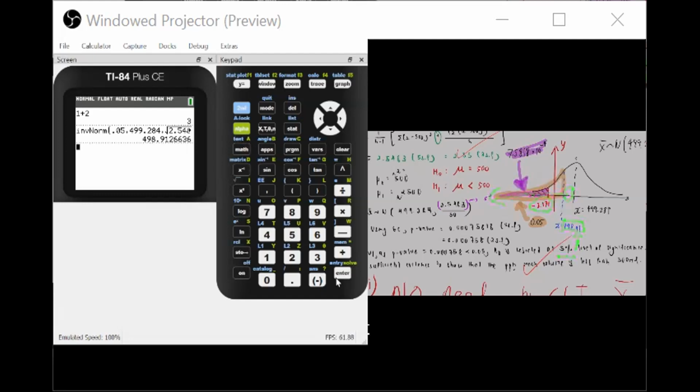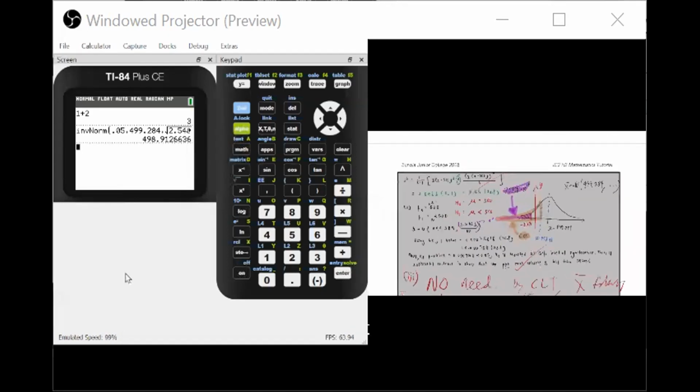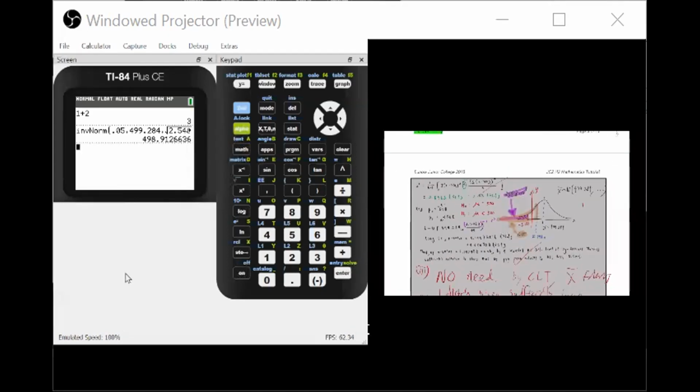Okay, good. Then let me just double check. Maybe presentation-wise, you could phrase it like this: from the GC, your Z value just equals negative 3.171.